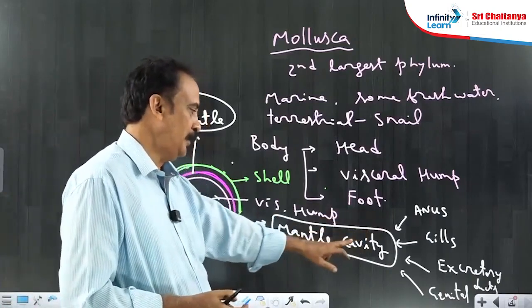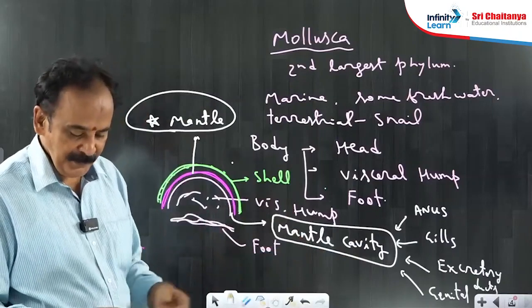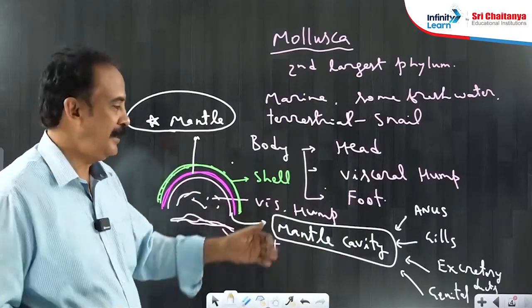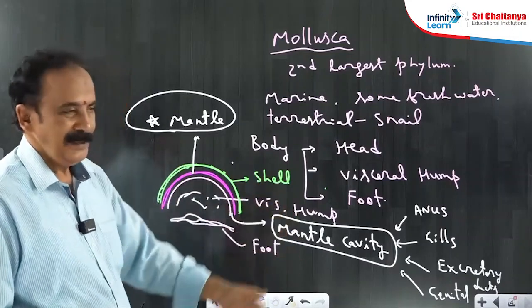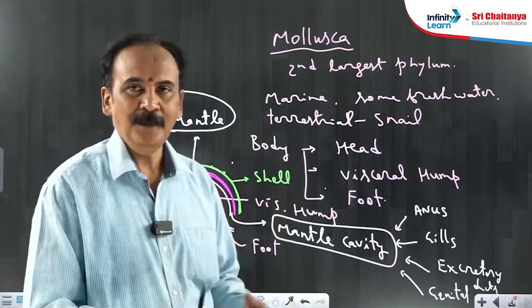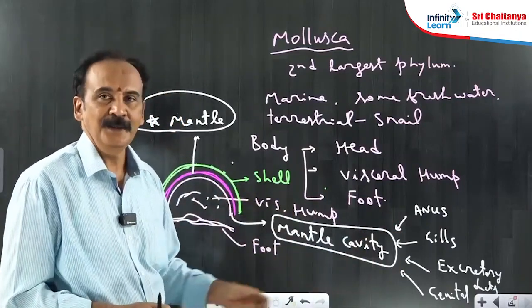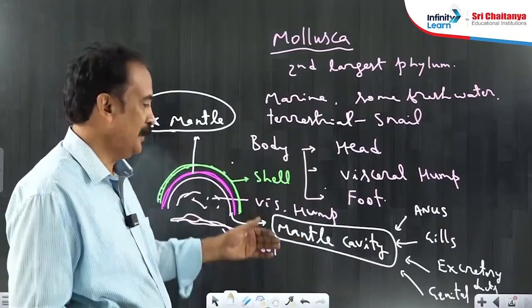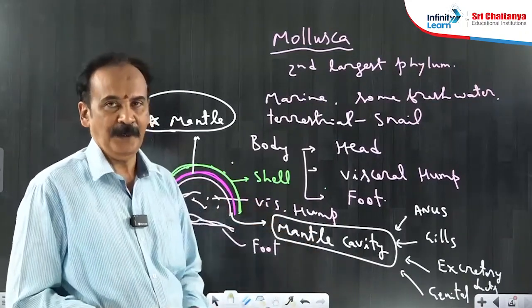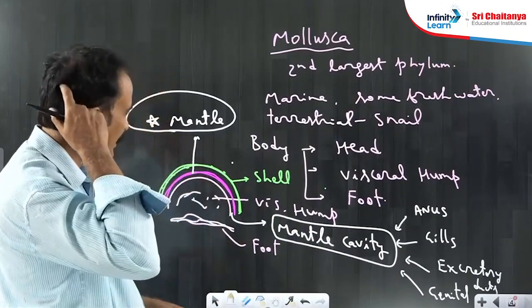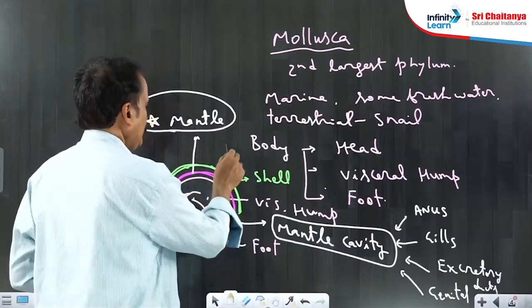Similarly, the gills will be opening into the mantle cavity, and also the excretory structures, which are called the kidney, open into this mantle cavity. Genital ducts means if it is a male animal it is the vas deferens, and if it is a female animal it is the oviducts that will open here, so that eggs are released into the mantle cavity. From there they will be sent outside, right. So these are the three regions and the importance of the body in Mollusca.